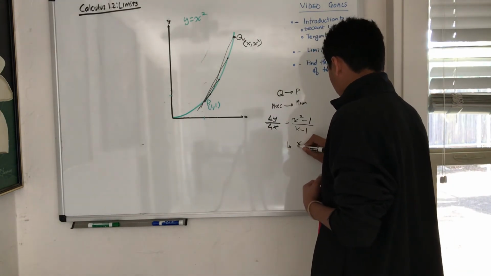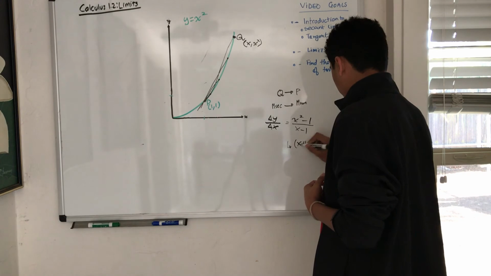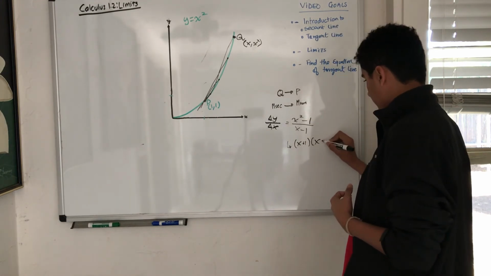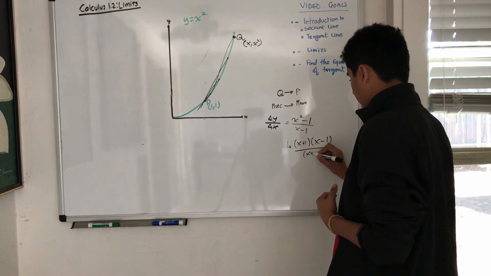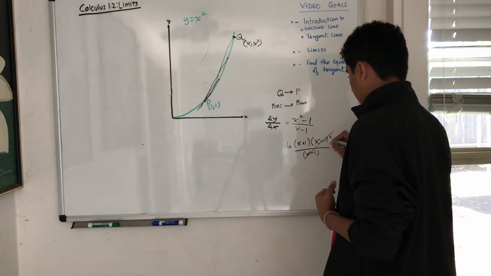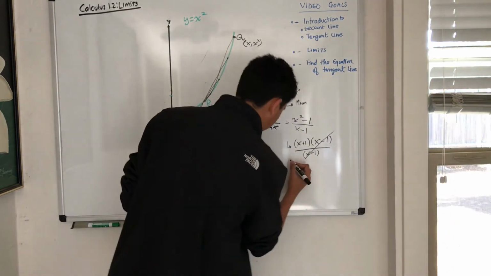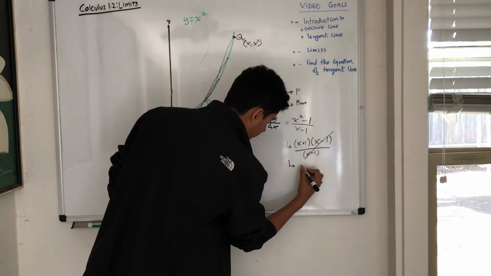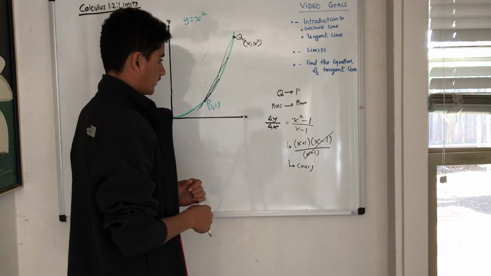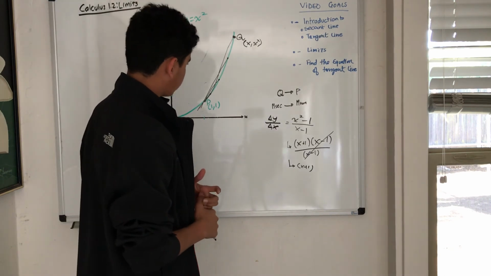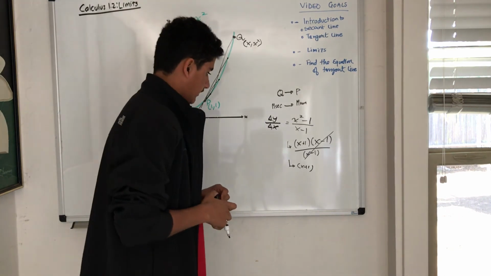So it would be x plus 1 times x minus 1, all divided by x minus 1. These two cancel out and you get x plus 1 for the slope of your secant line.